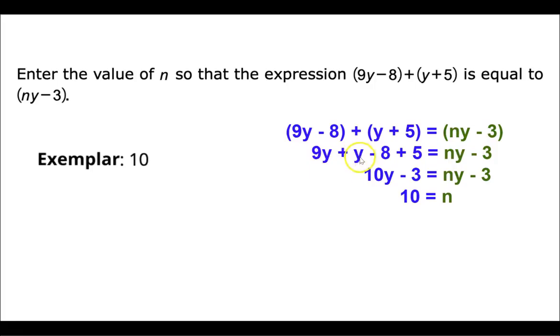9y plus y is equal to 10y, because it is assumed that there is a 1 in front of the y when there is no number in front of it. You assume that it is 1. So 9 plus 1 is 10. You have the y attached at the end. And then you have a minus 8 plus 5.